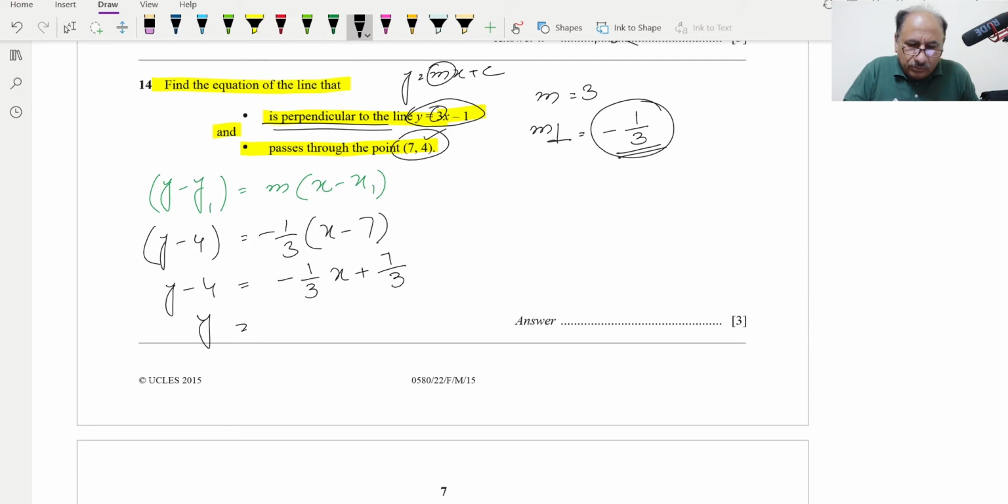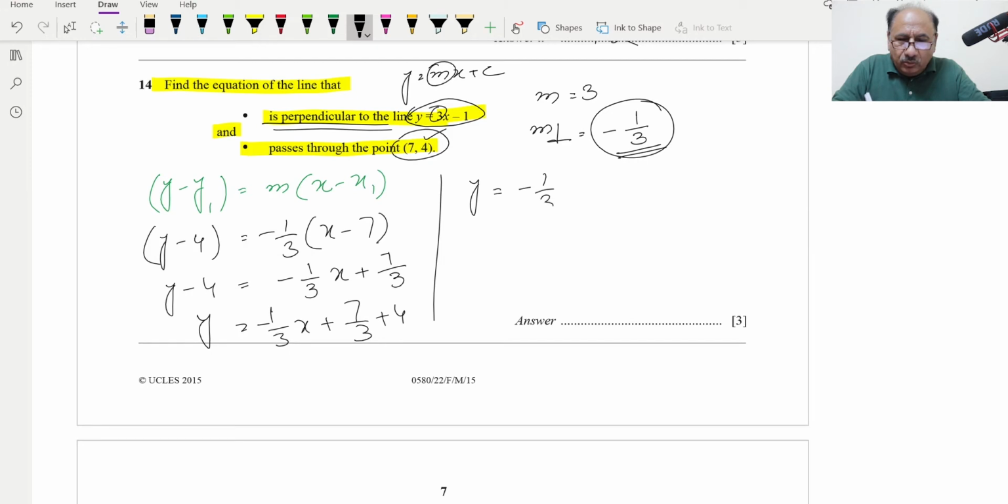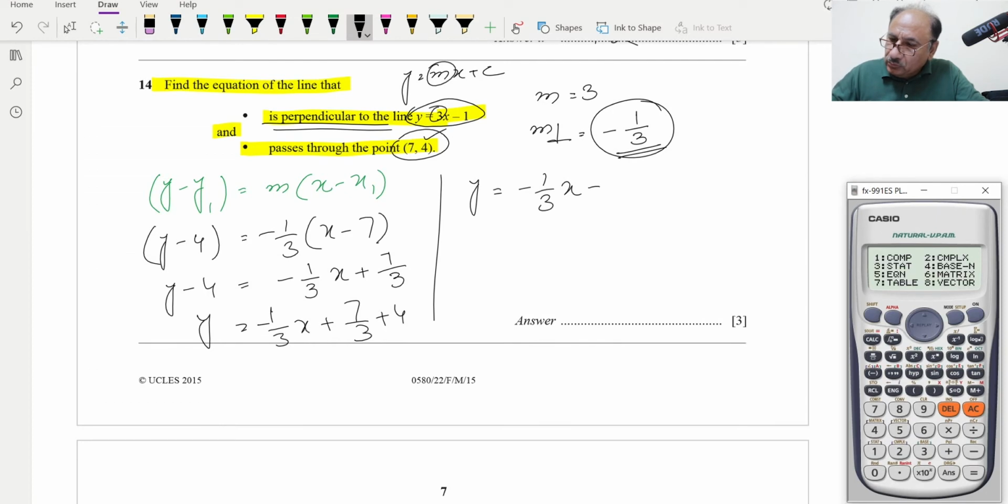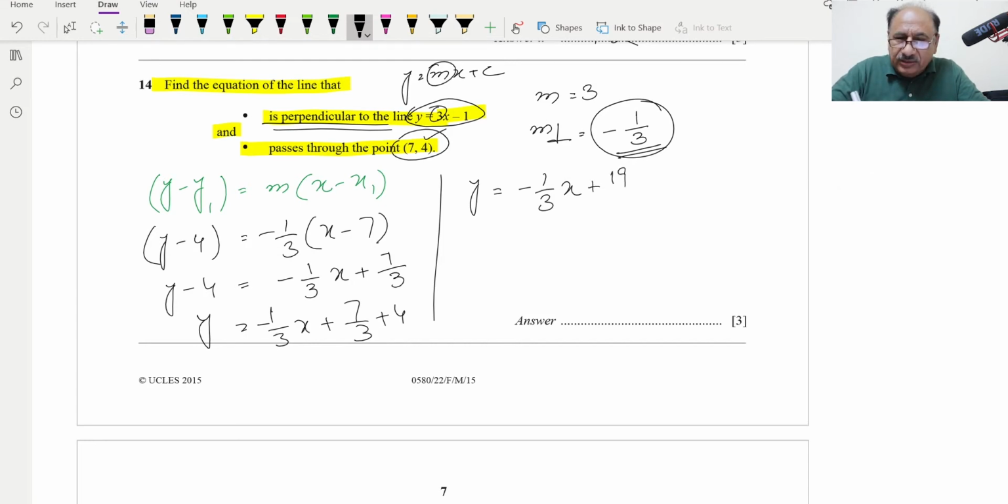Now we can shift this minus 4 to the other side, and we will get y is equal to minus 1 over 3x plus 7 over 3 plus 4. 7 over 3 plus 4 we can use a calculator to solve, and this is equal to 19 over 3. So y is equal to minus 1 over 3x plus 19 over 3, this will be the equation.